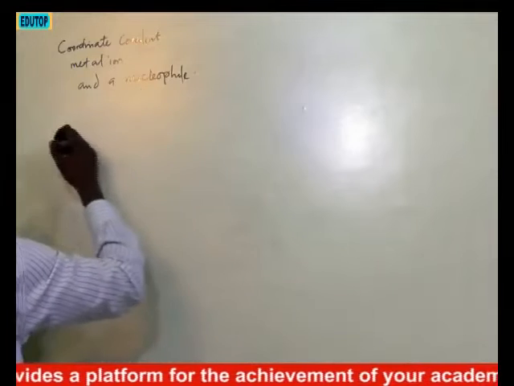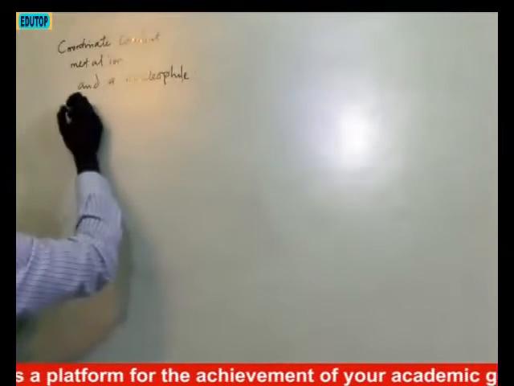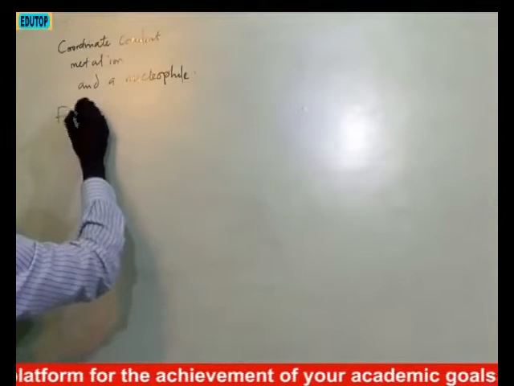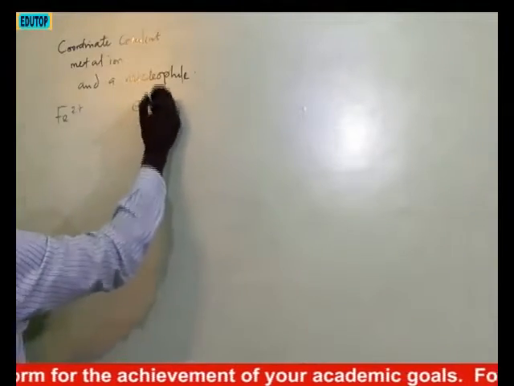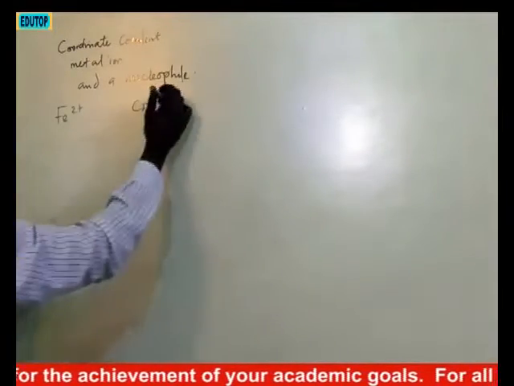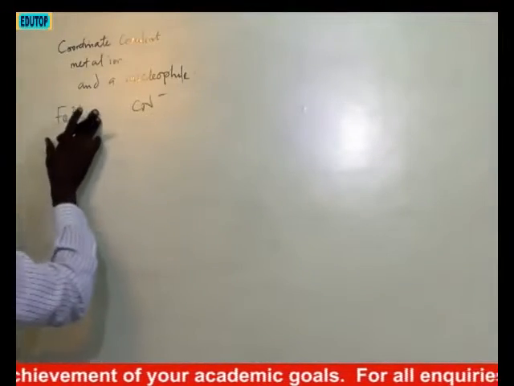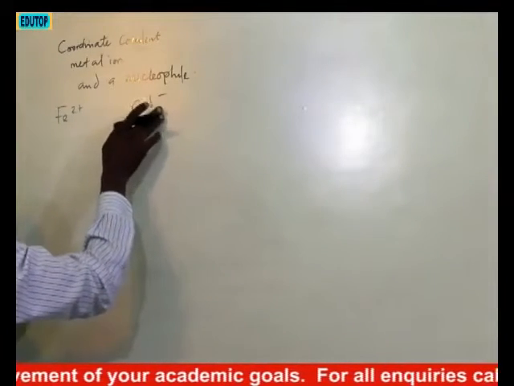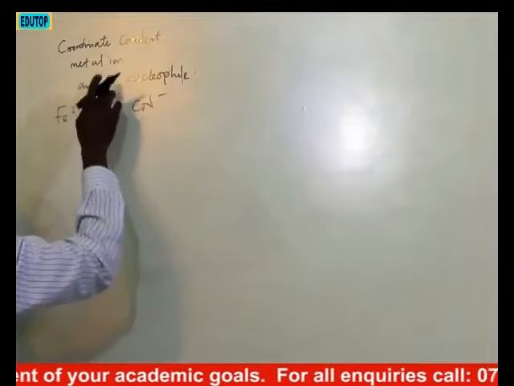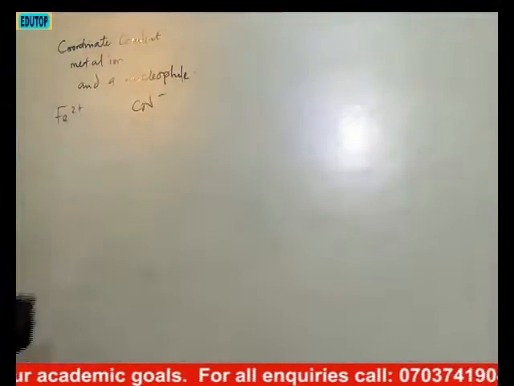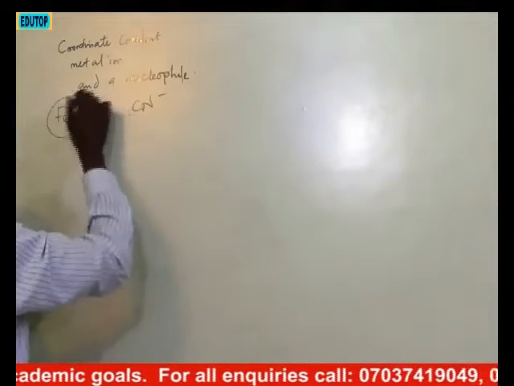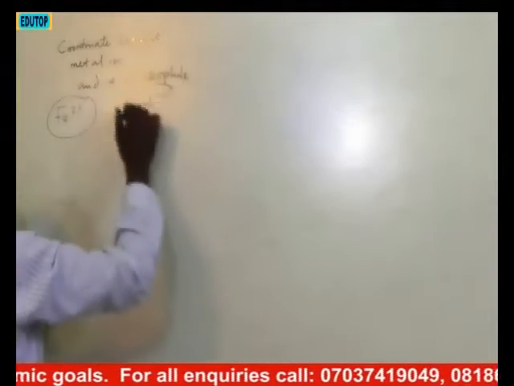A good example of that is Fe2+ and your cyano, which is minus. If you look at this, the combination of this with this is definitely going to be another form of covalent combination. Take note of that, where this one is the acceptor of electron and this one is the donor of electron.